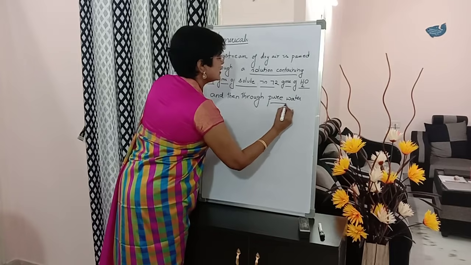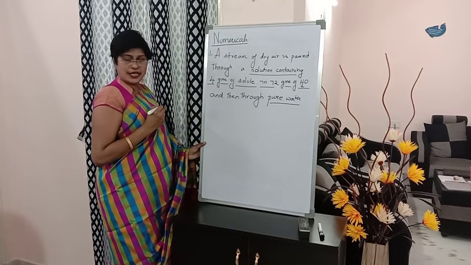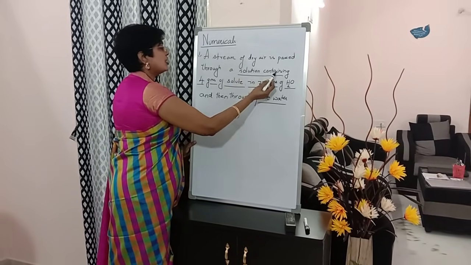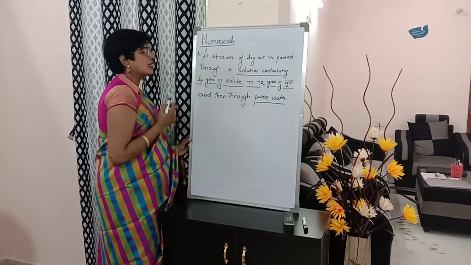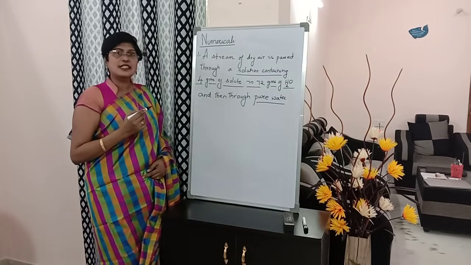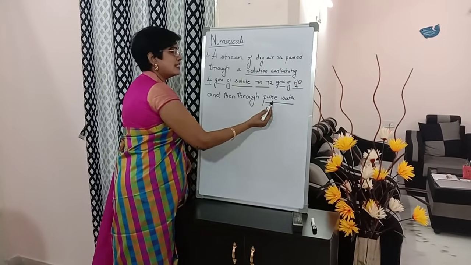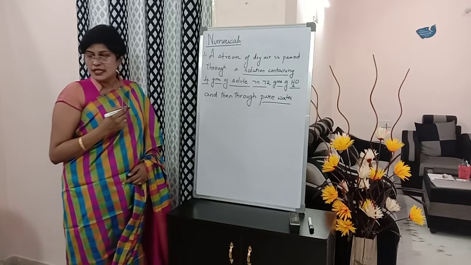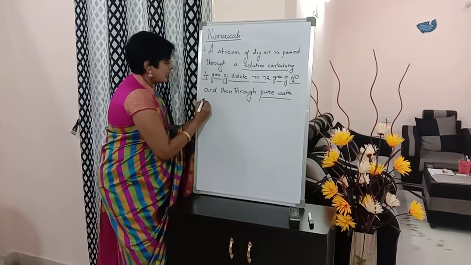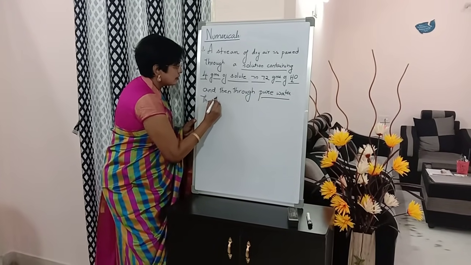So this is the solvent, students, and the solution contains 4 grams of solute in 72 grams of water. This portion is the dilute solution and this is the solvent. Now, full stop.